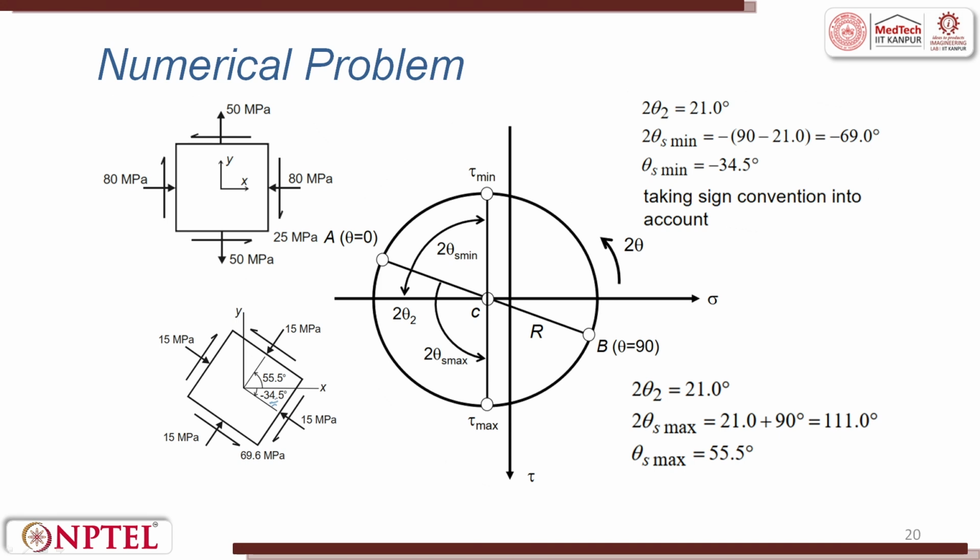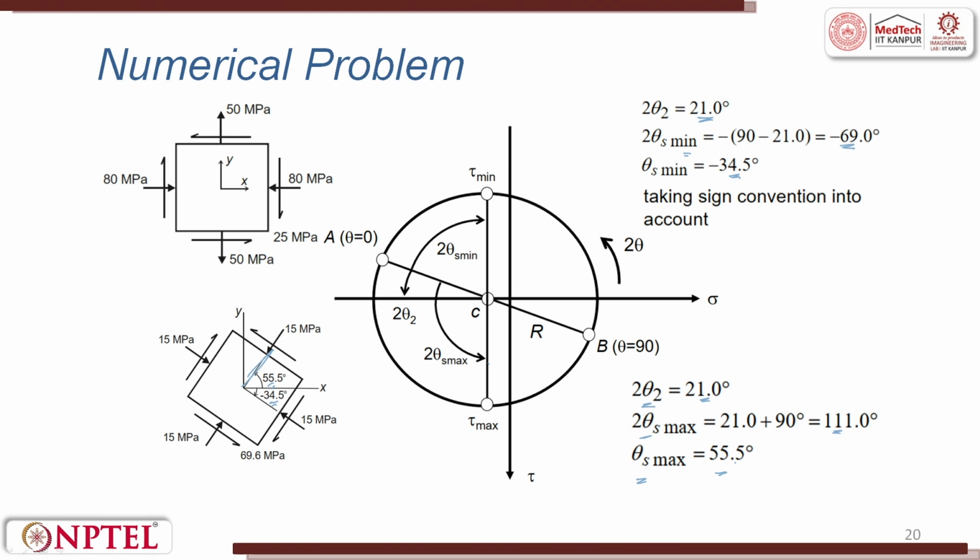So, for 90 this is 55.5. So, when we are trying to find 2 theta, 2 theta is equal to 21 degrees. So, 2 theta s min will be minus 90 minus 21, which is minus 69 degrees, and theta s is 34.5, taking sign convention into account. So, you will get 2 theta is 21, and 2 theta s max will be 111 and theta s max will be 55.5.